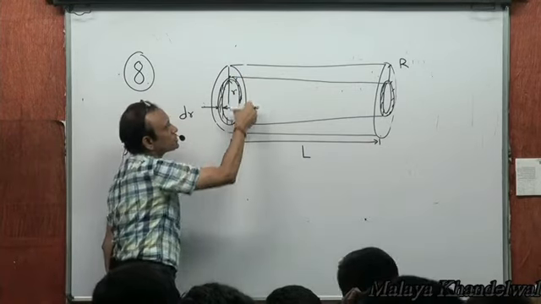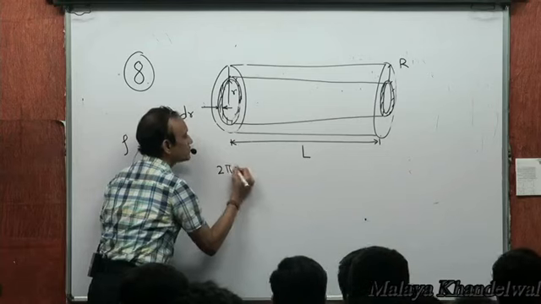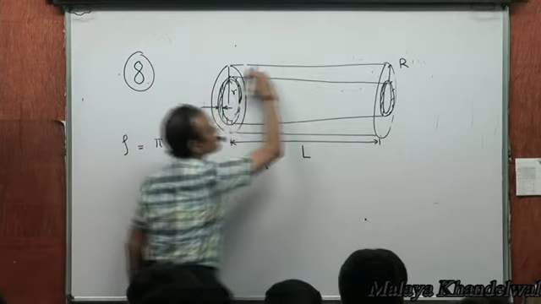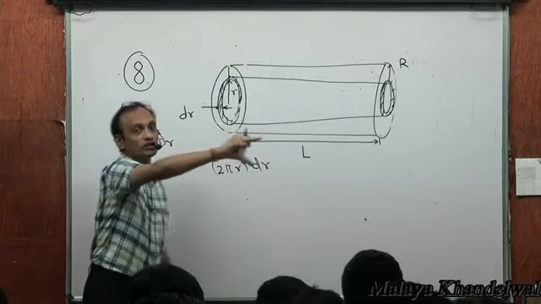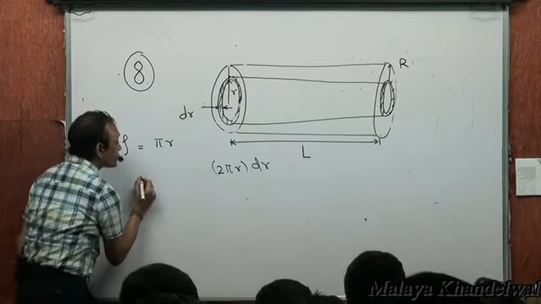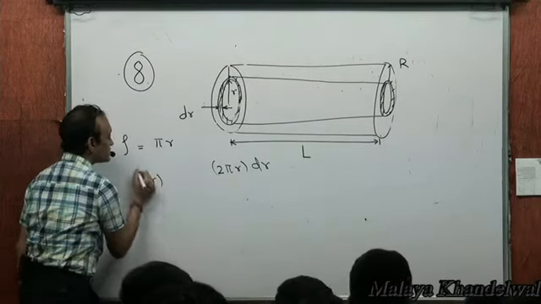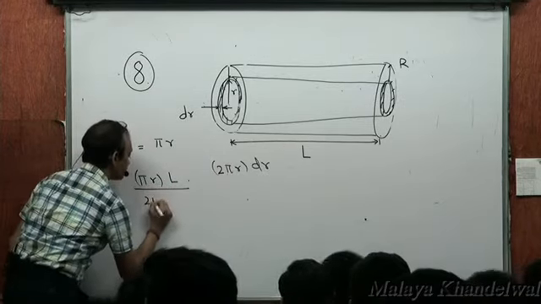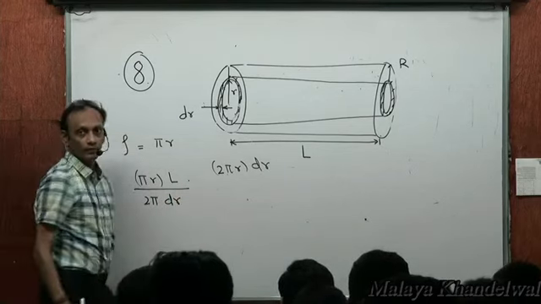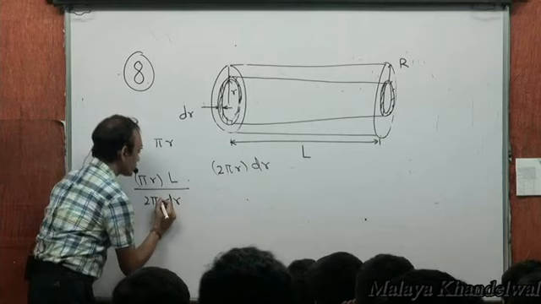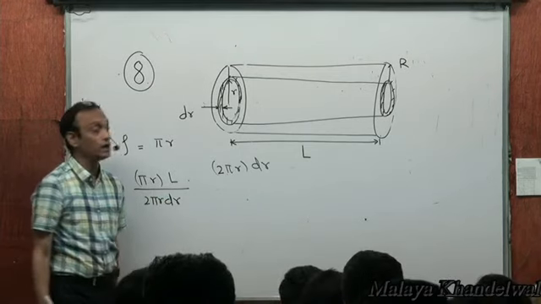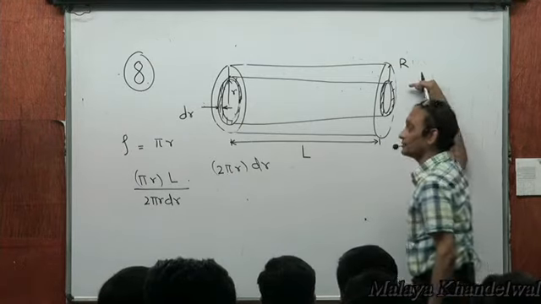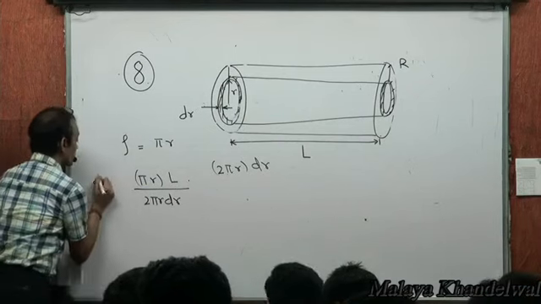The area of cross section of this is going to be circumference 2 pi r into dr. So the resistance of this circular portion along the length L is going to be specific resistance pi r into the length L divided by the area of cross section 2 pi r dr, and all such coaxial portions are in parallel. So this is the resistance of this chosen portion.